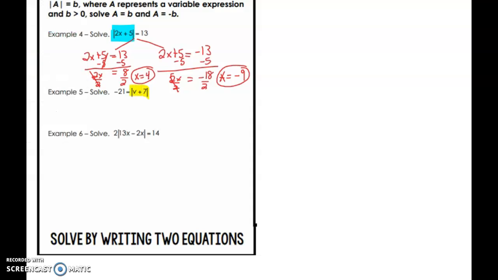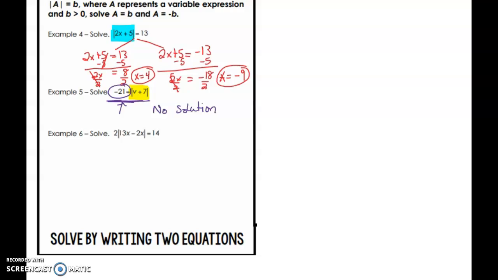Now notice, it's already by itself, so we don't have to do anything to get ready to solve the problem. But then also notice over here, it equals a negative number. So because of that -21, you're going to say that it has no solution.